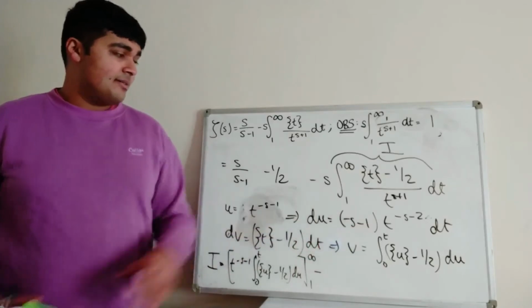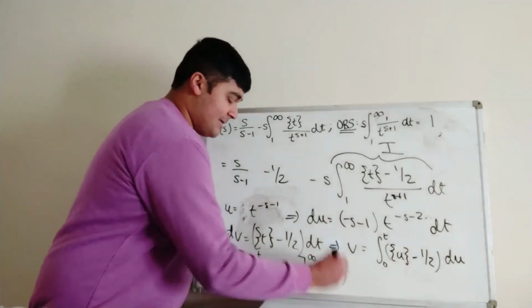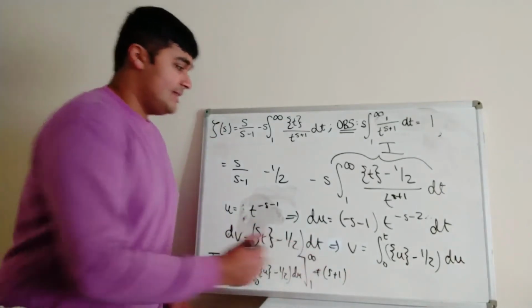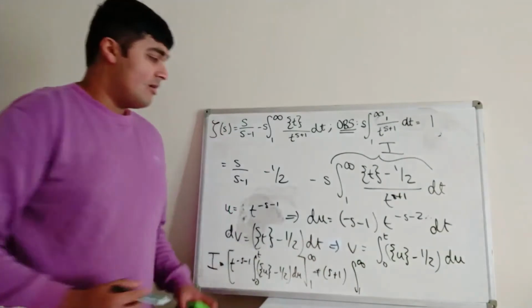But minus times the minus s minus 1 here is just going to give us a plus s plus 1 times the integral from 1 to infinity of v.